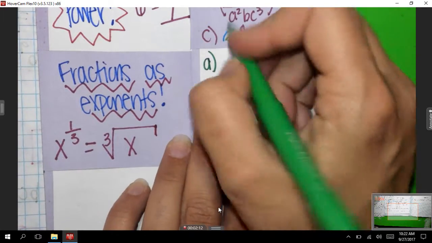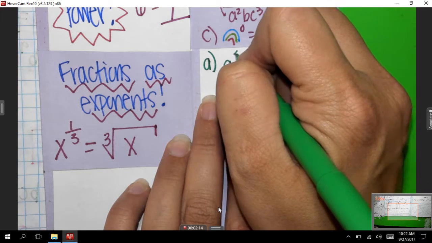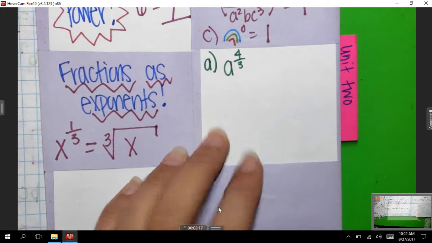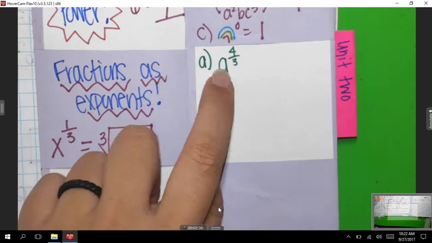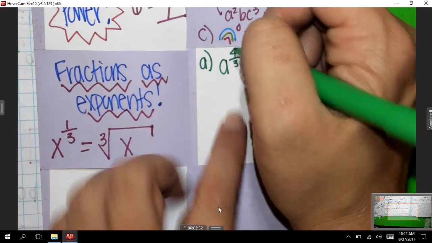Yay! All right, so let's say a to the 4/3 power. Now a, is this our base or our exponent? That's the base.